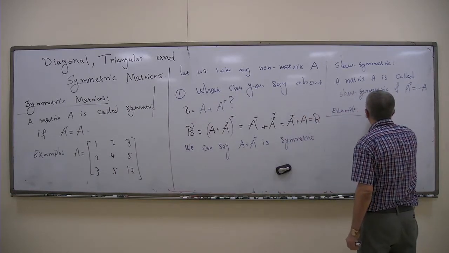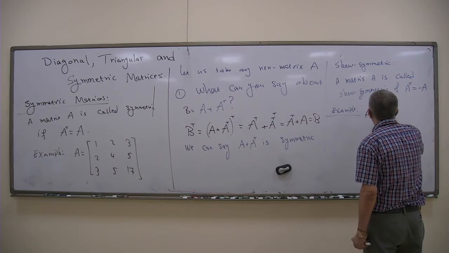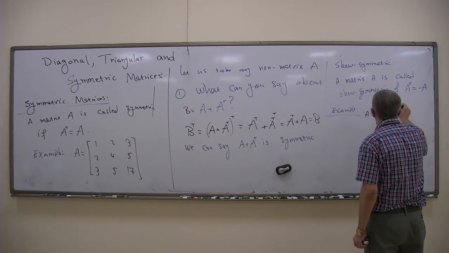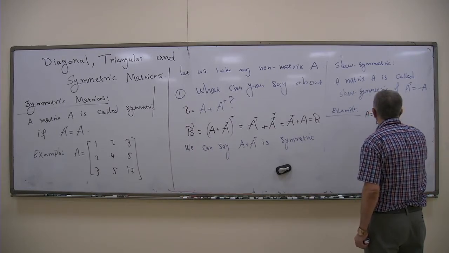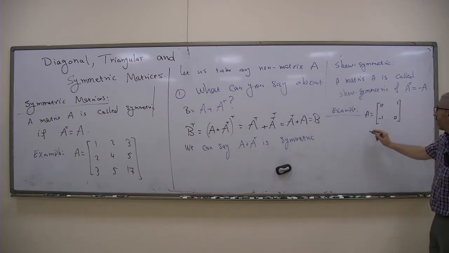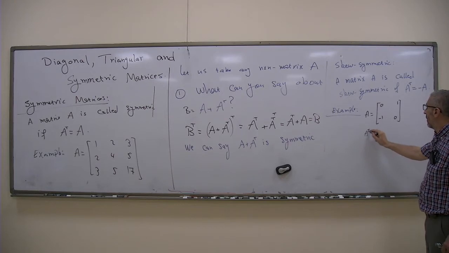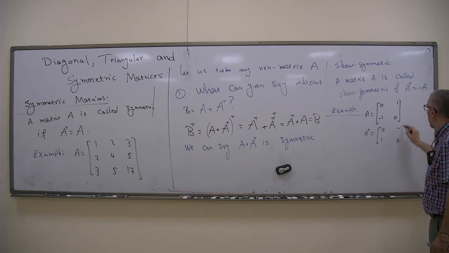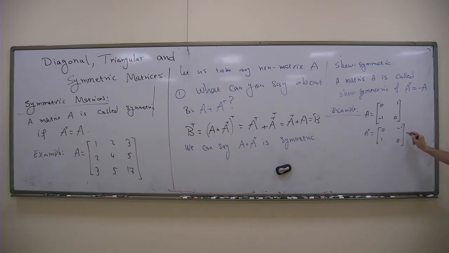A equals 0, 1, negative 1, 0. Very simple. What is the transpose of this? 0, 1, negative 1, 0. And what is this? This is negative A. Correct?